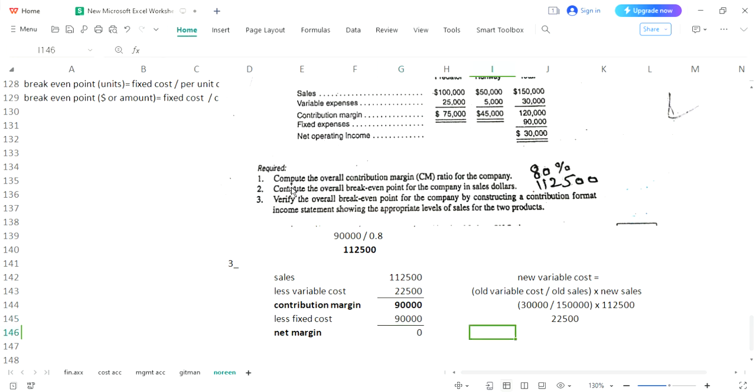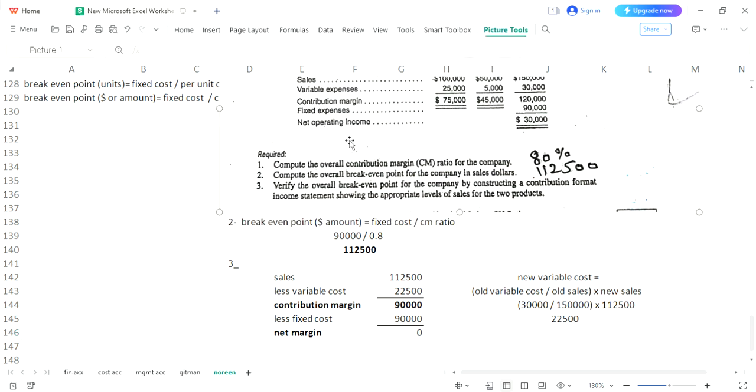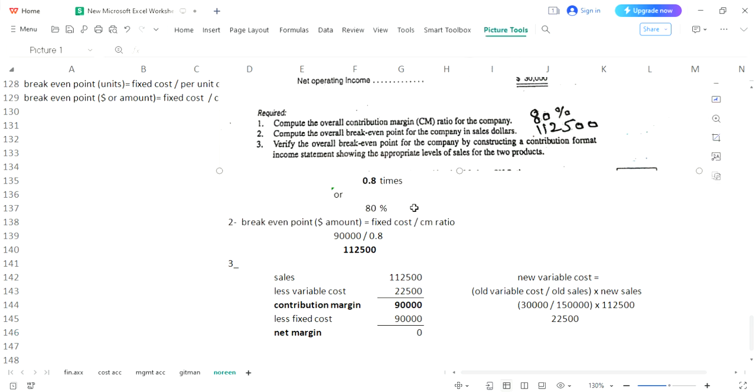Three requirements were required to be completed. First was CM ratio 80%. We have calculated CM ratio 80% over here. And then we were responsible to calculate break-even point. So break-even point was also calculated. Answer was matched. And then we were asked to verify.